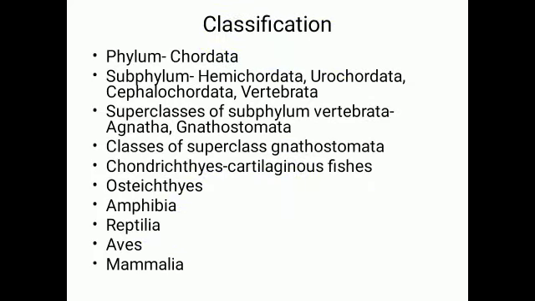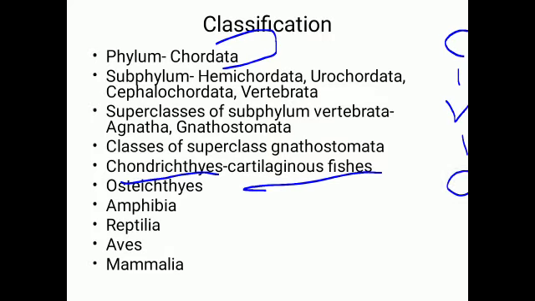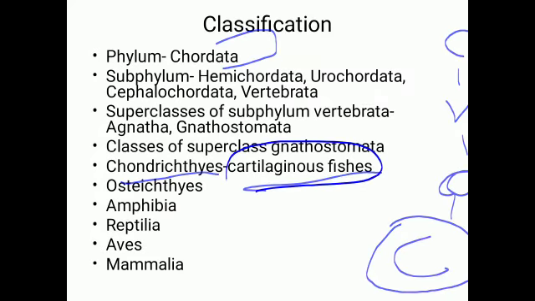So the position of Chondrichthyes in phylum Chordata: subphylum Vertebrata, superclass Gnathostomata, which means they bear jaws. And then the last class is Chondrichthyes, which means cartilaginous fishes.